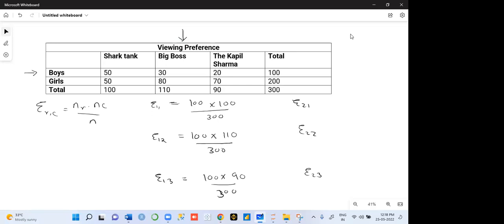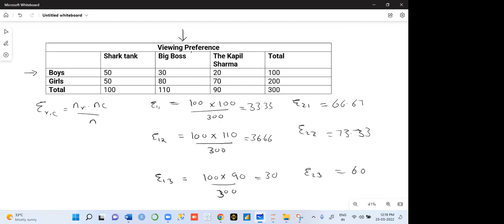So Ragini has given the numbers. Guys, 33.33 first, then 36.66, then 30. Let me cross check. 33, 66, 30. Then this one, and then 60.